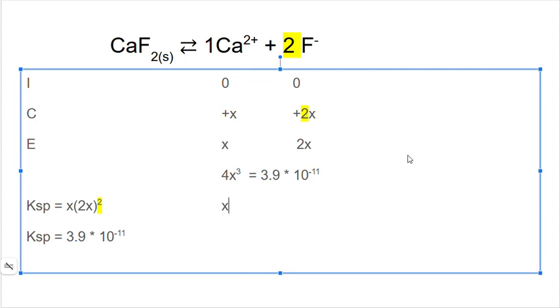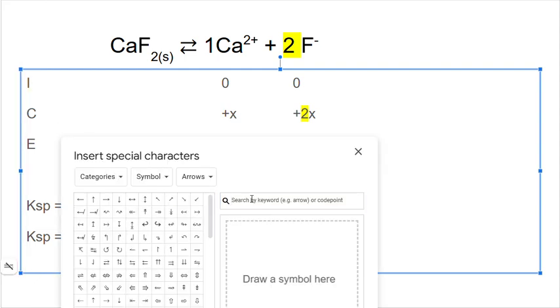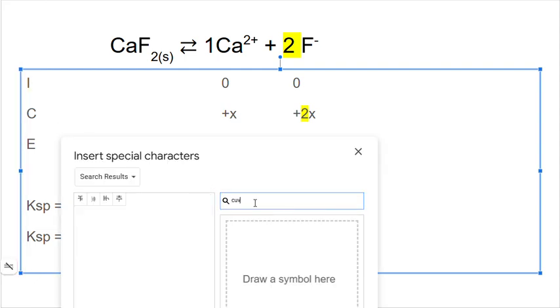Our x, and we have to do a cubed root to both sides, by the way, guys. Let me see if I can insert a character to show that. There we go.